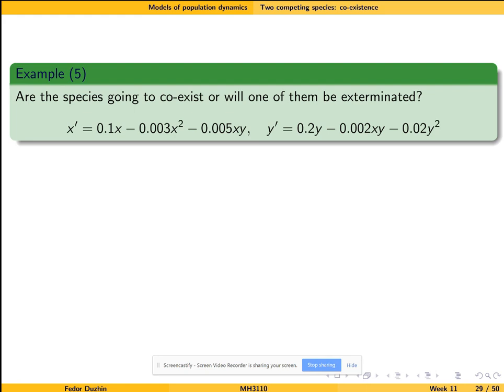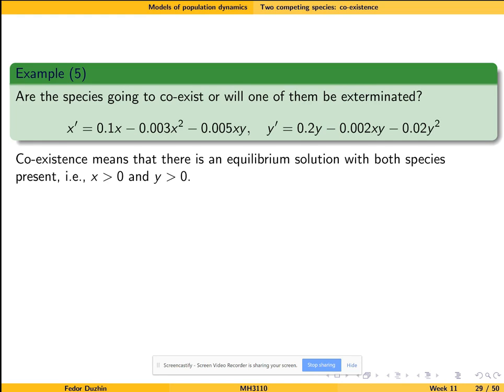But if the food is sufficient for both and the competition is not too fierce, their population is just going to stabilize. The stable level of populations is of course going to be smaller than the intrinsic carrying capacities, because they have to compete for the same resource.